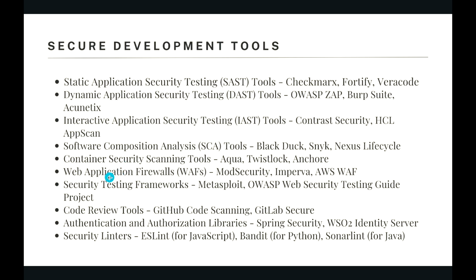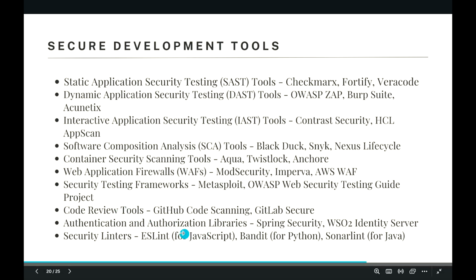Web application firewalls protect web applications from various attacks like SQL injection and cross-site scripting. Then there are security testing frameworks and code review tools, and these tools analyze log data from different sources to detect and respond to security incidents and anomalies in real time.